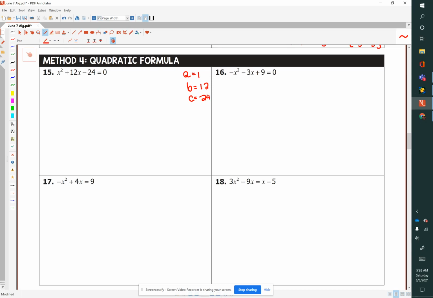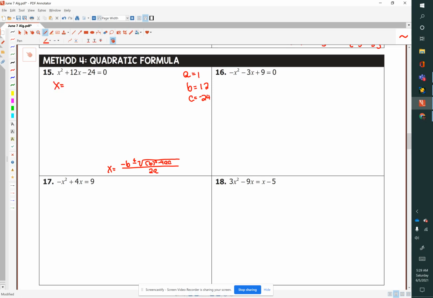So remember, it's -b plus or minus the square root of b squared minus 4ac, and all that is over 2a. So there's the formula.